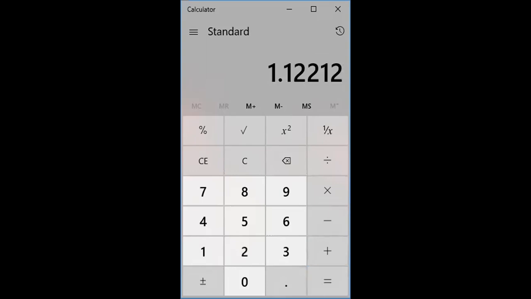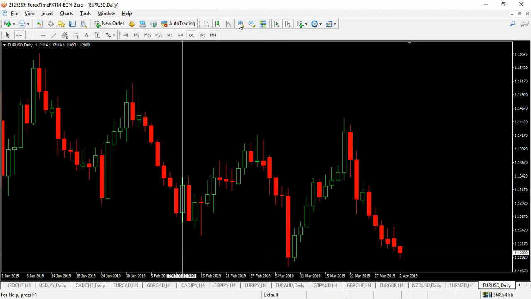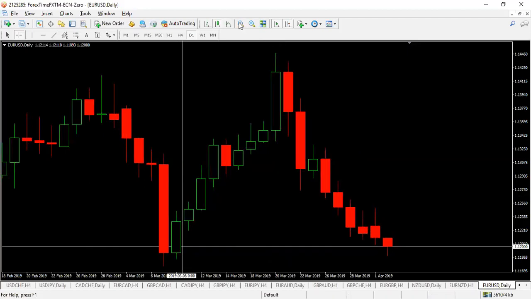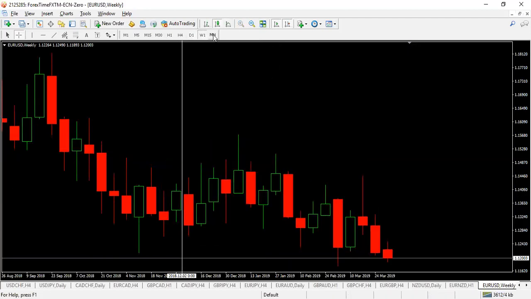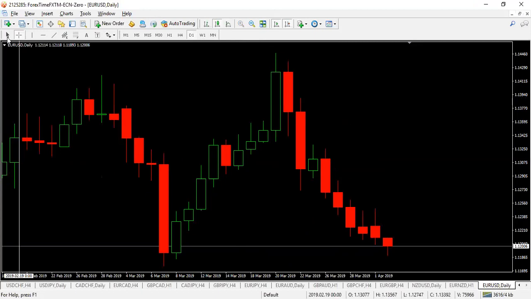I want to quickly show something before we continue. This is the daily chart. When we say high, low, close, let's quickly identify, because I don't want to assume that you know, and for those who will watch the video afterwards.